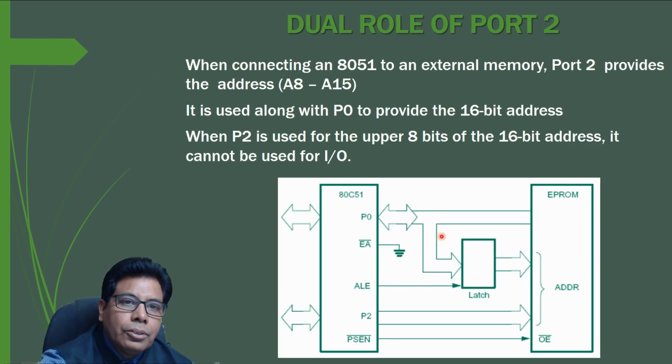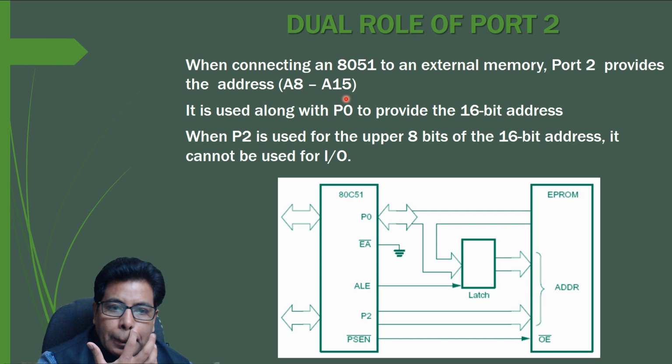Then let us go to the dual role of port 2. When we are connecting the 8051 to external memory, port 2 provides the higher order address bus A8 to A15. Along with P0 it will provide the 16-bit address. P0 provides the lower order address bus, which is latched, and the higher order address is provided by P2.